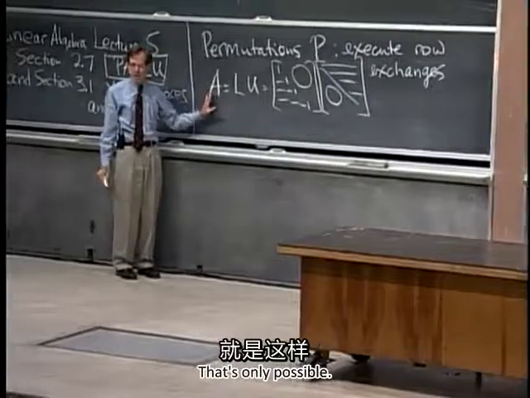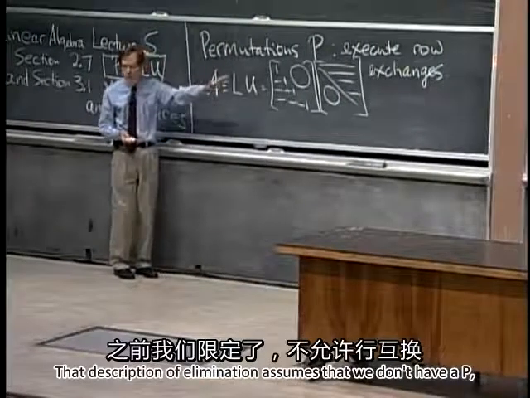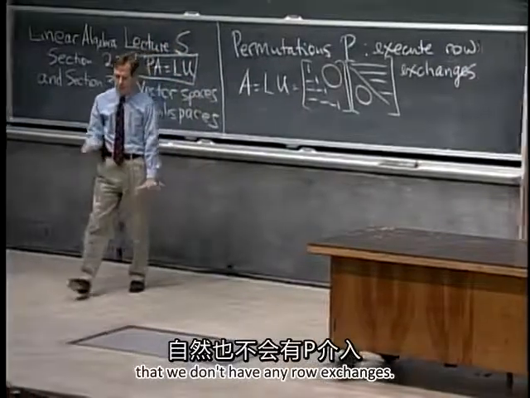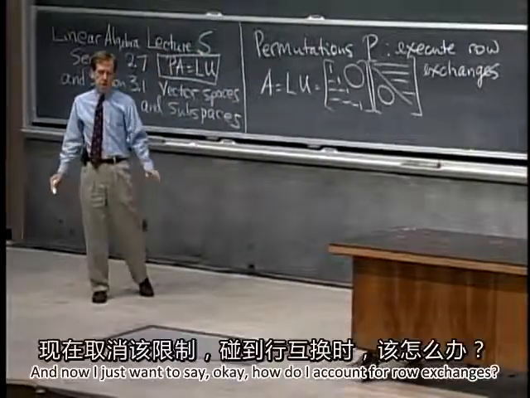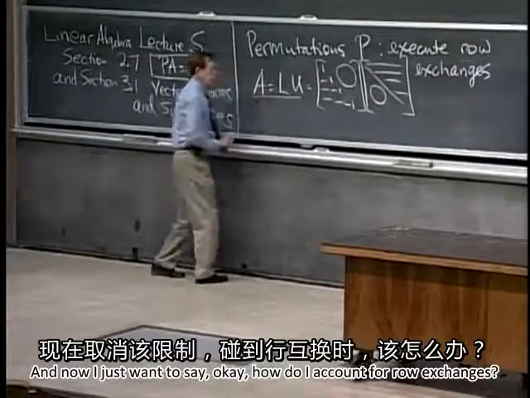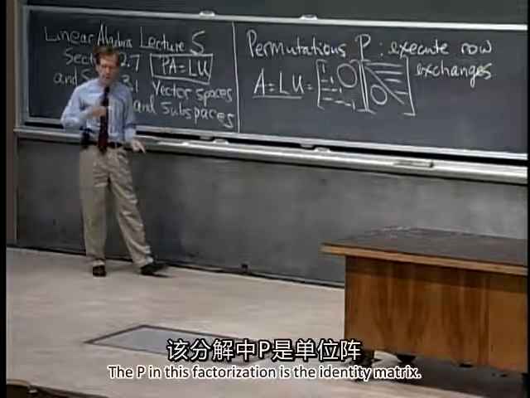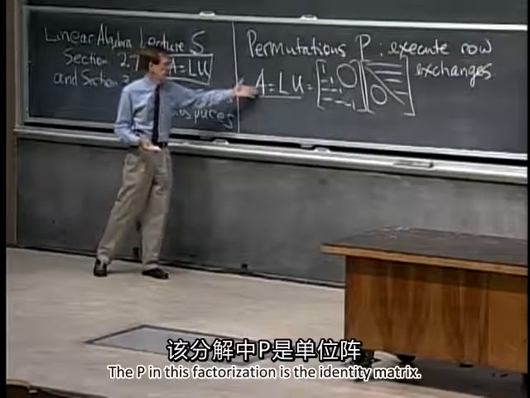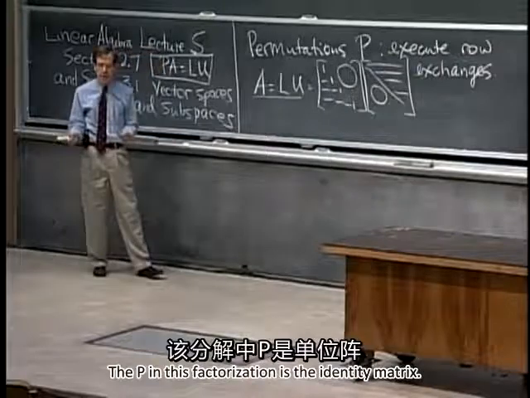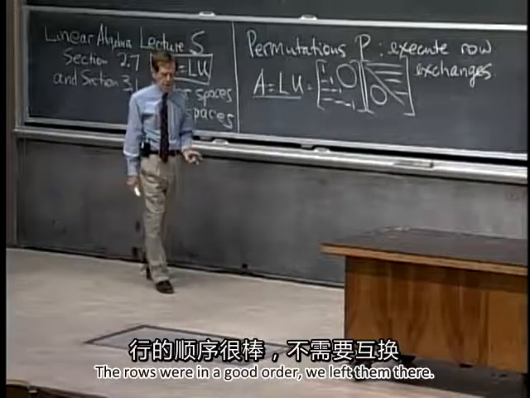That description of elimination assumes that we don't have a P, that we don't have any row exchanges. And now I just want to say, okay, how do I account for row exchanges? Because the P in this factorization is the identity matrix. The rows were in a good order, we left them there.